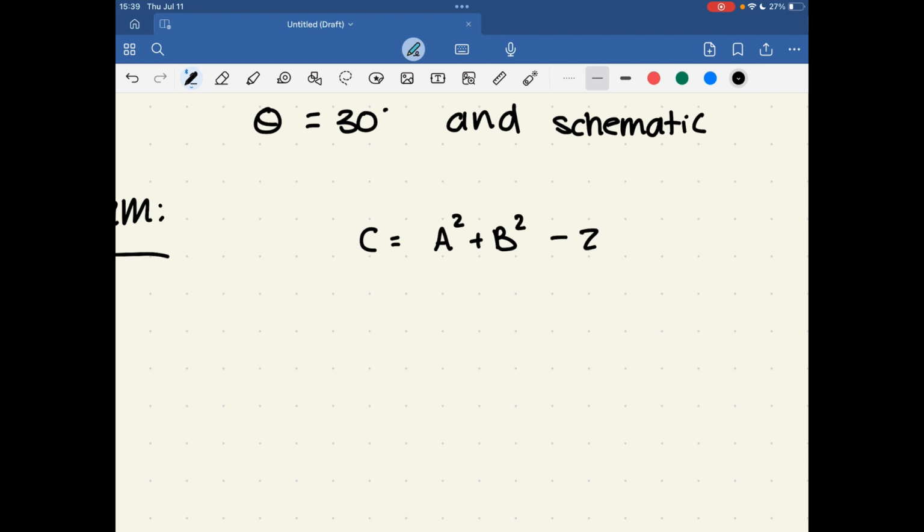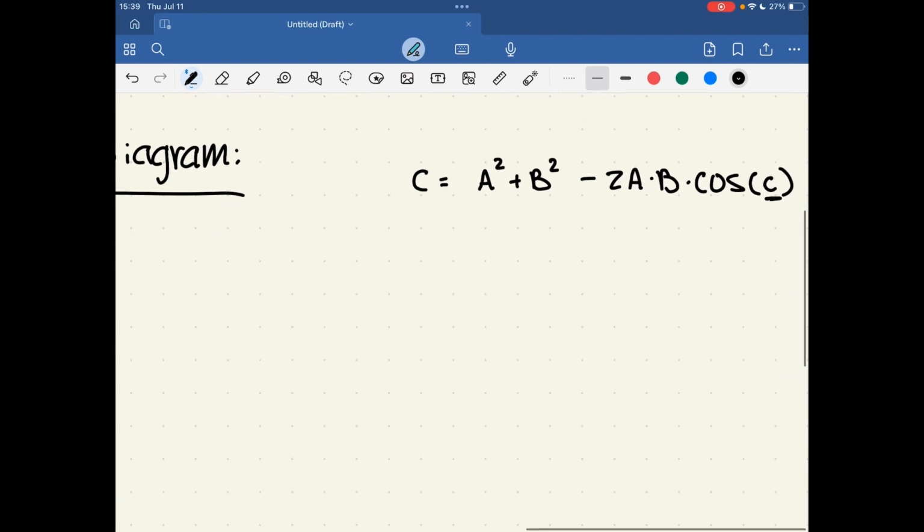Now you subtract 2 multiplied by A multiplied by B times cosine of C. Now you might be wondering, how do I know which is cosine C, which is A, which is B? Here's how you can tell.